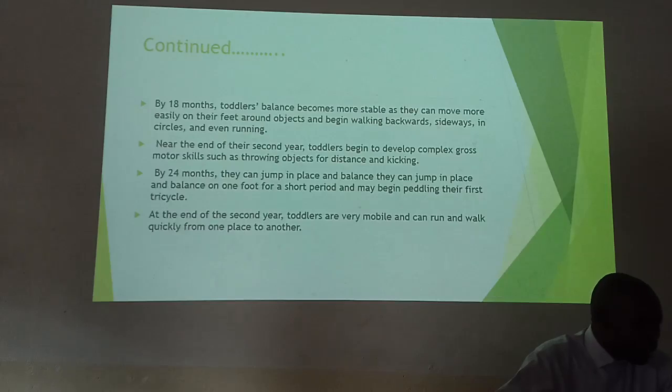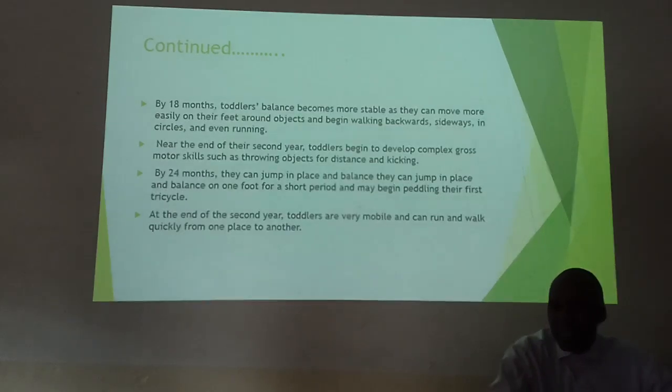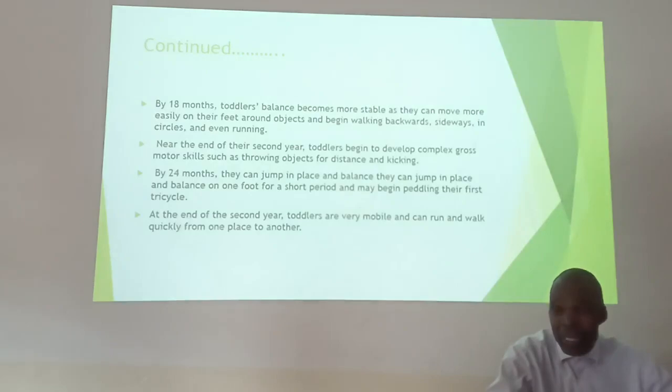They can jump in place and balance on one foot for a short period of time, and they begin pedaling their first cycle. Have you ever seen or observed a child standing on one leg without falling down?